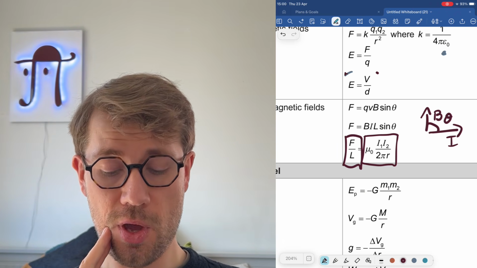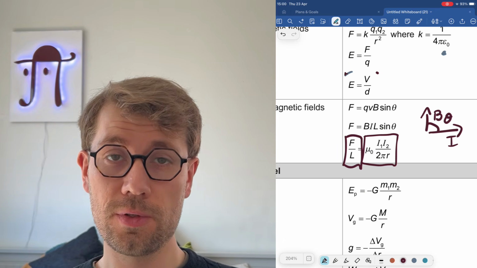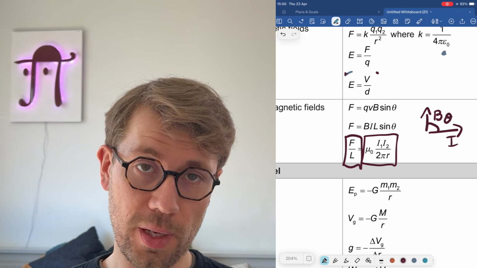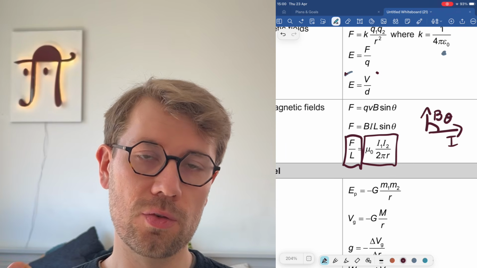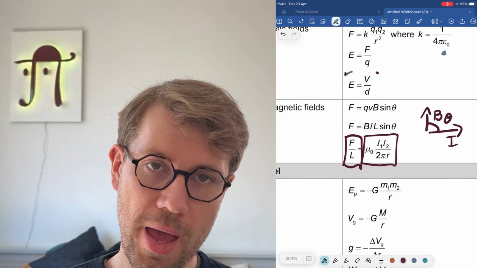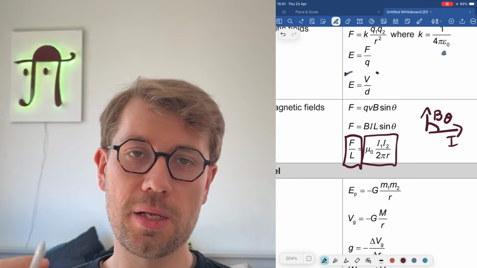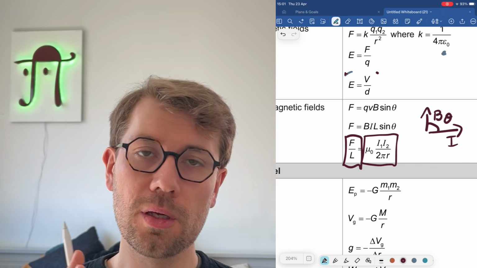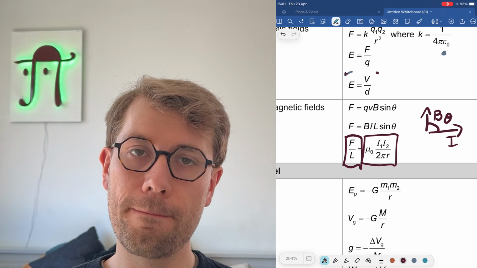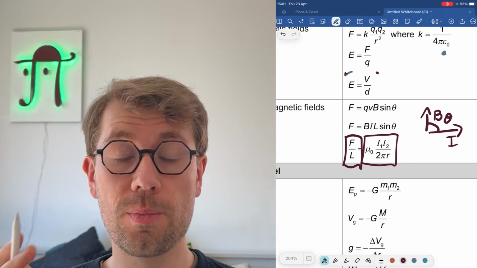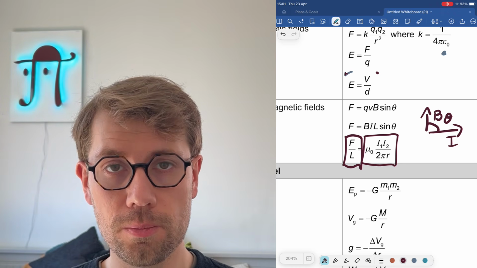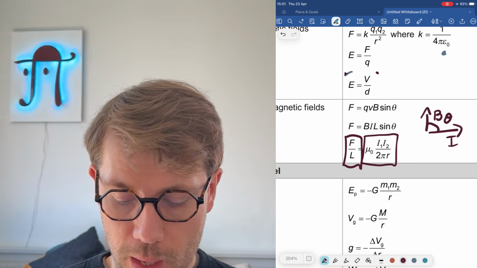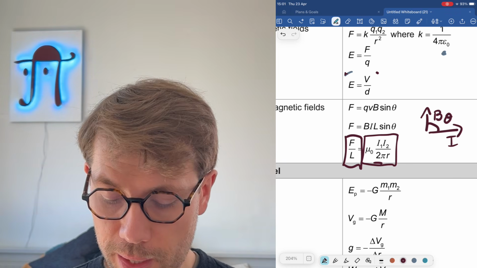This is the permeability of free space, different to the permittivity of free space, because it's not assessing how well an electric field can travel through air or a vacuum. It's assessing how well a magnetic field can travel through a vacuum or air. Very similar concepts, but different numbers. It's in the constant part of your formula booklet. And then we've got 2 pi, and then r.